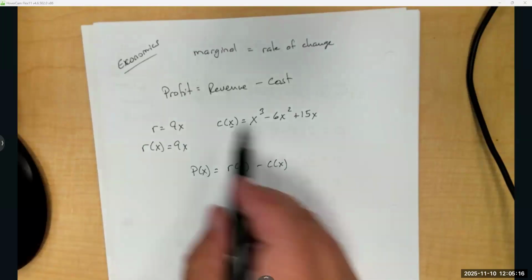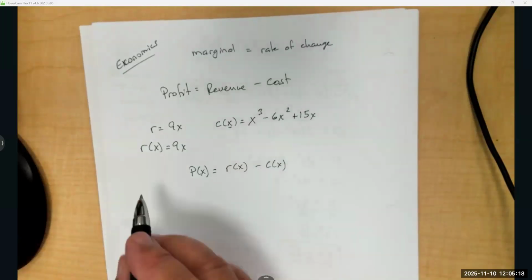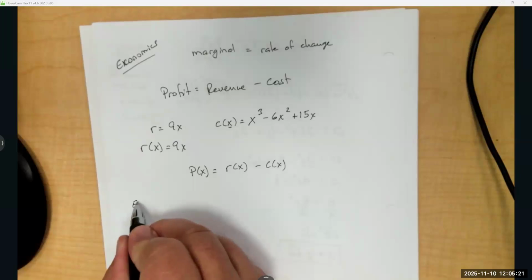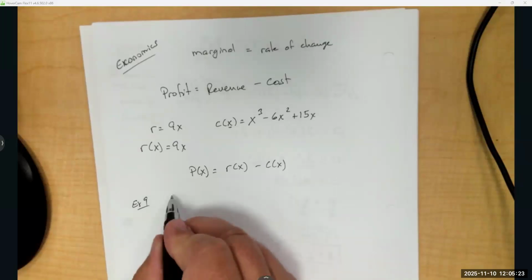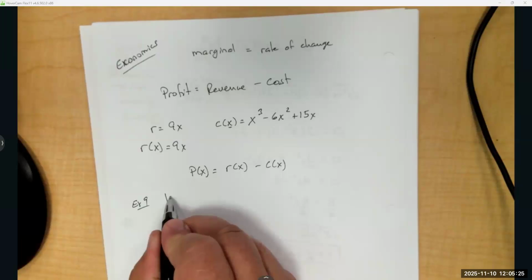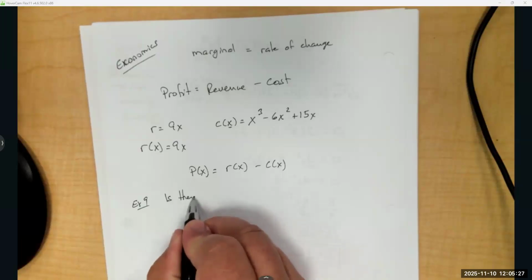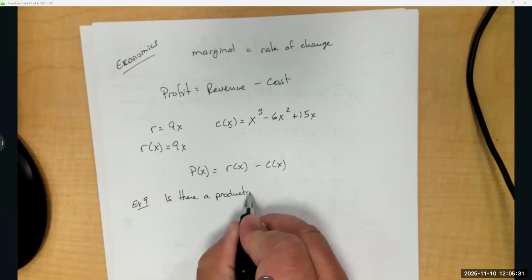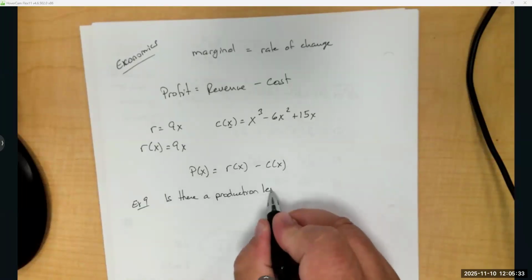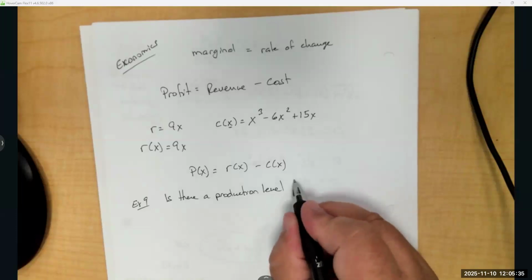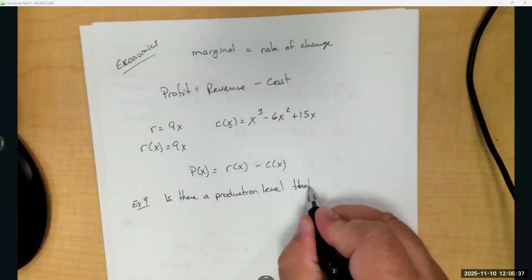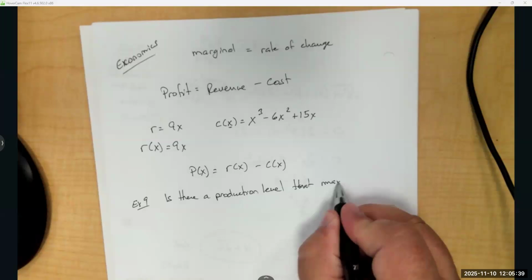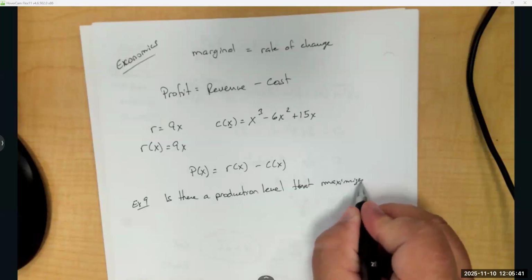Okay, here's a question. Example 9. Is there a production level that maximizes profit?